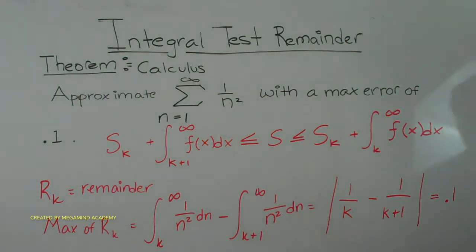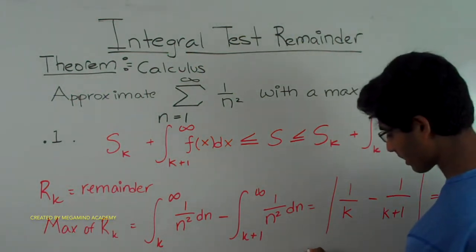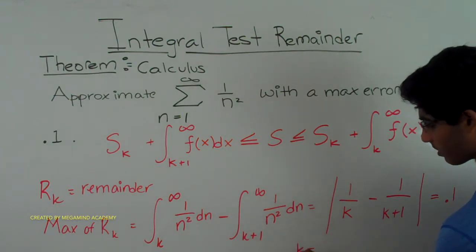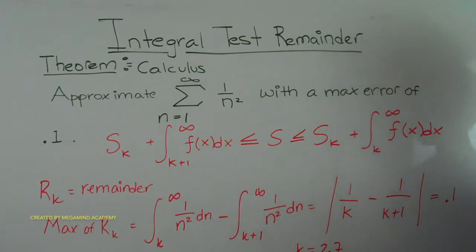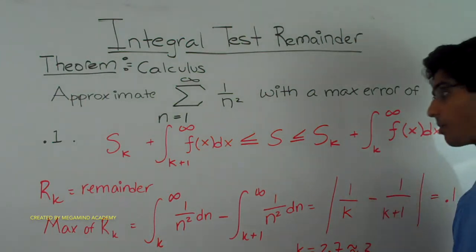So k is equal to 2.7. But is that what we should use when we're creating our partial sum? Well, no, we should round up to the next integer. So let's just say that k would be 3. In fact, this would be more accurate than 2.7 because you're extending your partial sum further.